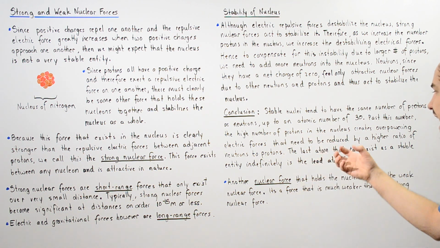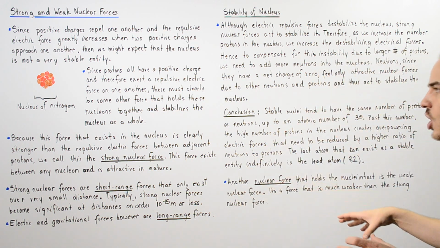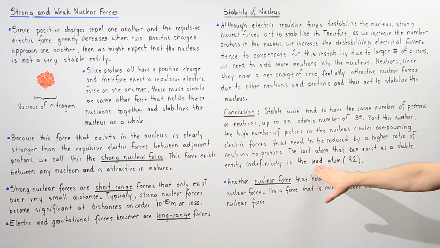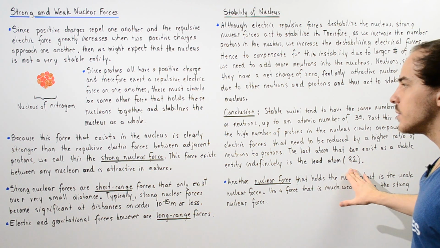Now, the last atom that can exist as a stable structure indefinitely without undergoing radioactive decay is the lead atom, which has an atomic number of 82.